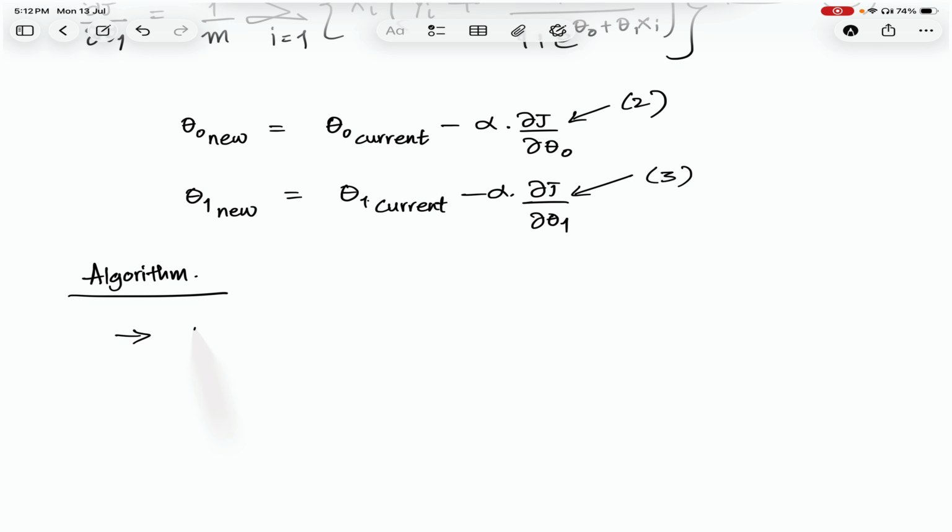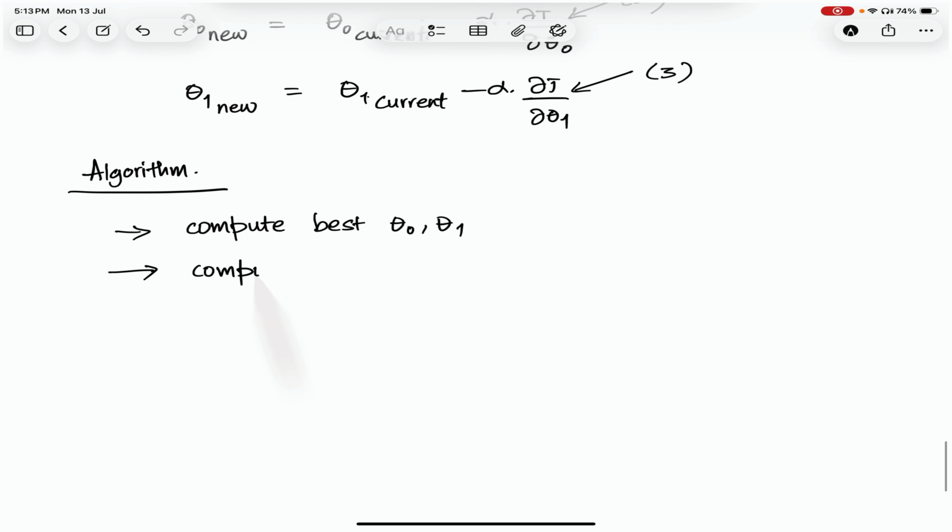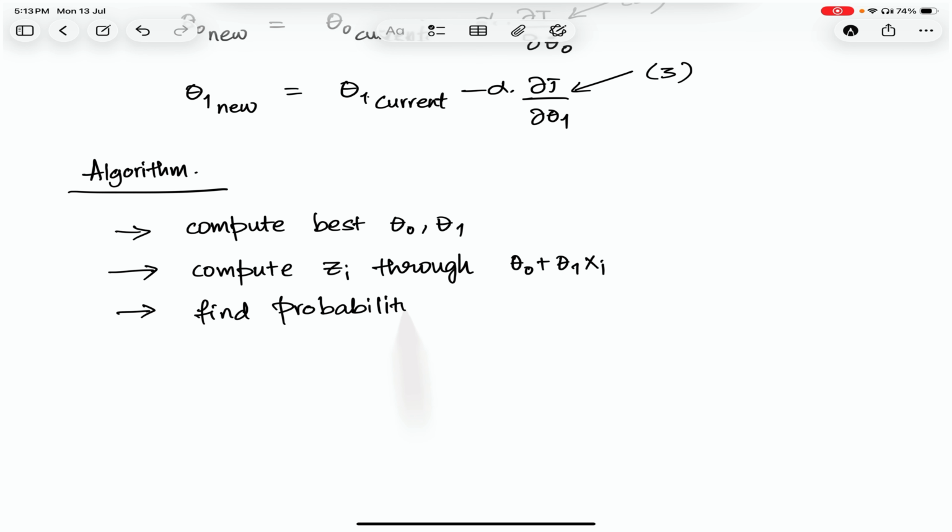So first we'll compute best values for theta 0 and theta 1. Once that's done, we'll compute zi through theta 0 plus theta 1 xi, and we'll just find the probability sigma z.